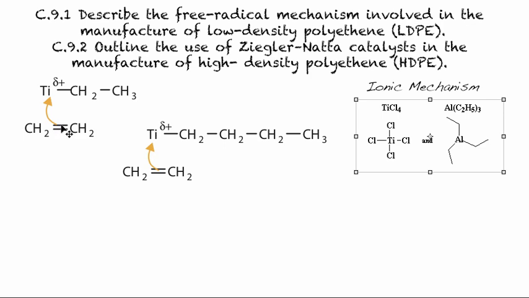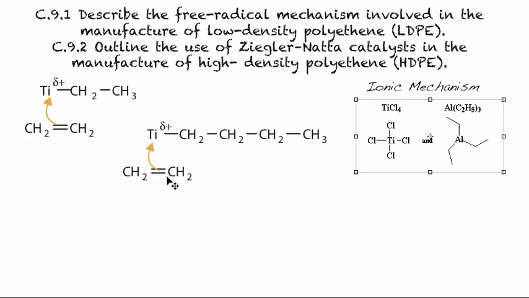So what will happen is in the pi bond here, the electrons will travel into titanium's empty d orbitals, and that process allows for this ethene to insert itself, the whole rest of it inserts itself to the end of the chain, and the titanium moves to the end.